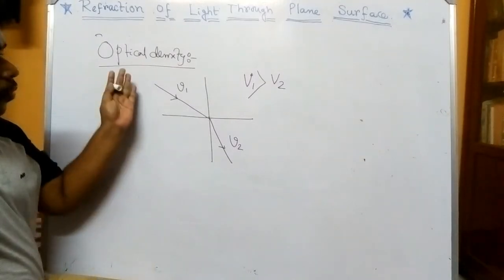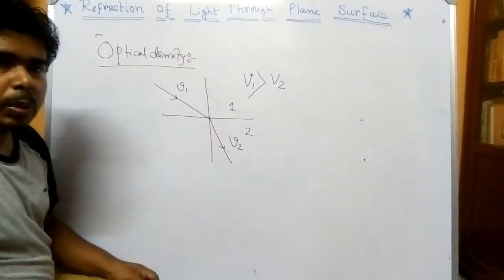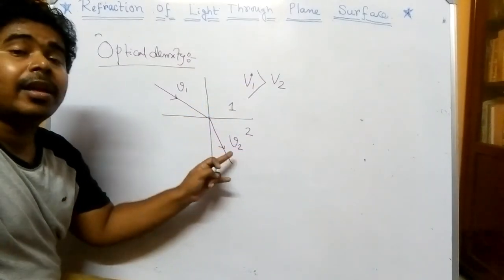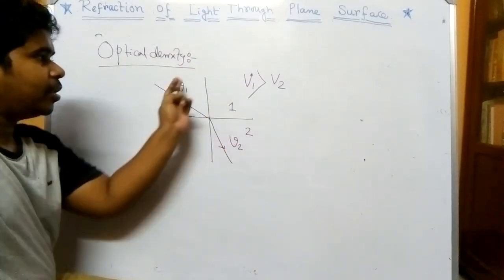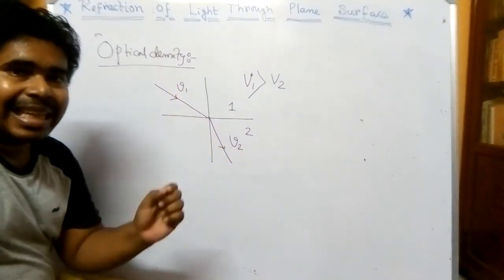So when the light ray travels from medium 1 to medium 2, the speed of light decreases, because initially the speed is more. When it comes to another medium, the speed decreases.